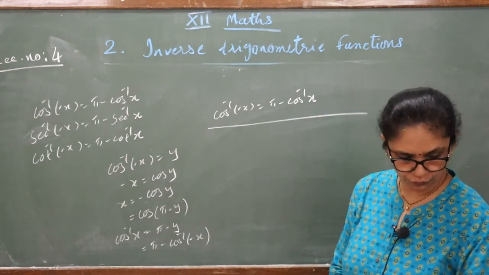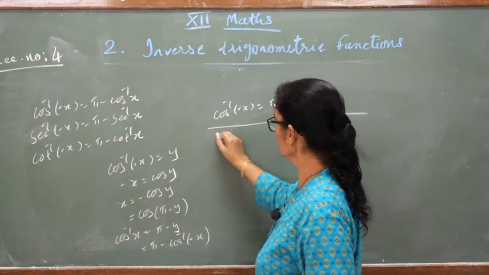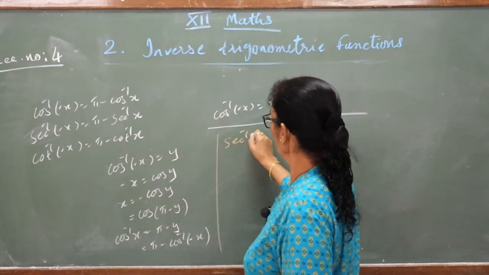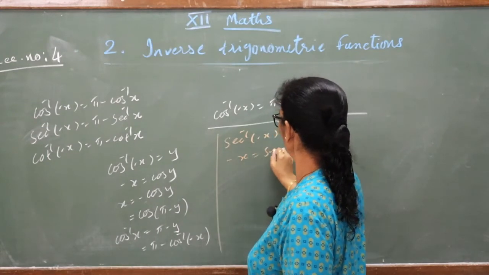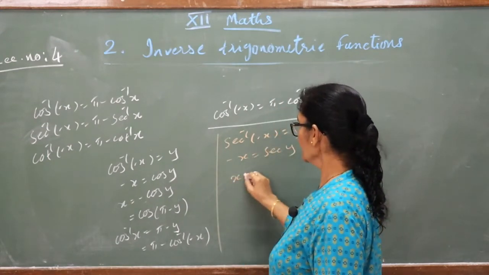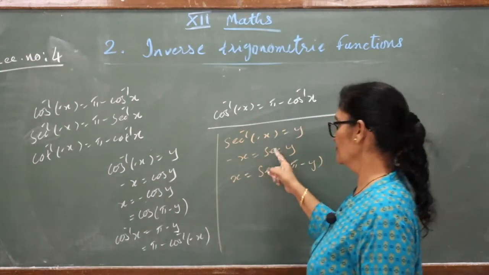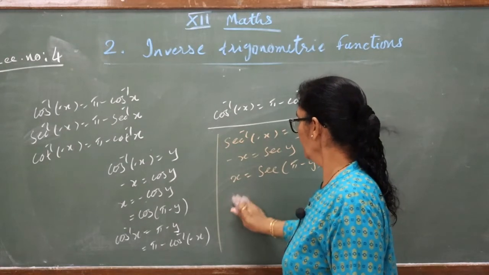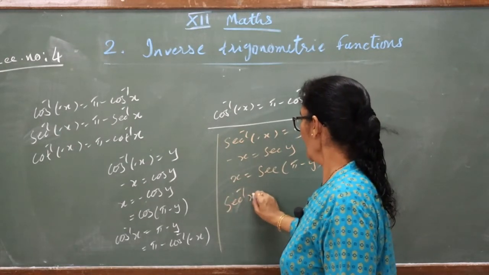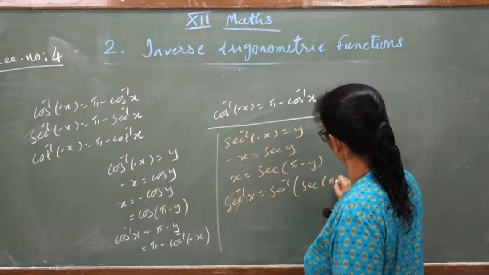Now we will prove for sec. Let's take sec inverse minus x equal to y. So minus x equal to sec y. So x equal to sec pi minus y, because I have shifted this sign here. So I can write sec inverse x equal to sec inverse sec pi minus y.